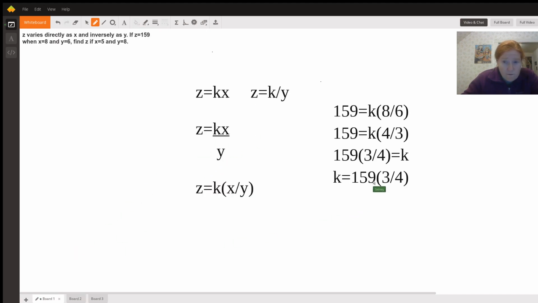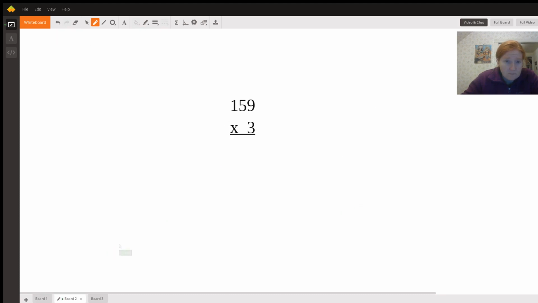159, we have to multiply it by 3 first. So 159 times 3, let's do a little calculation on the side here. 9 times 3 is 27. Carry the 2 at the top there. 3 times 5 is 15, plus 2 is 17. And 3 times 1 is 3, plus 1 is 4. So it's 477.